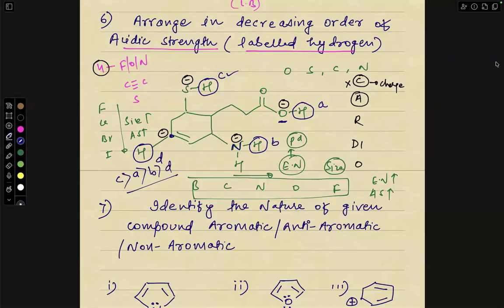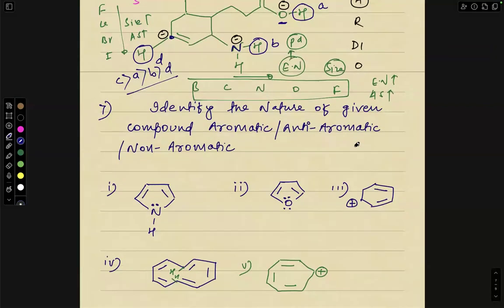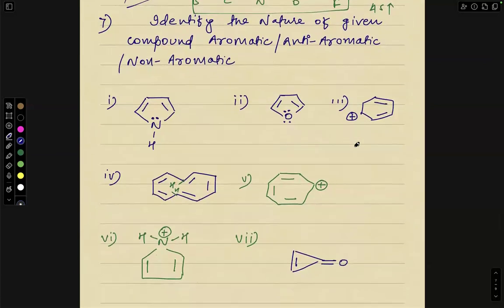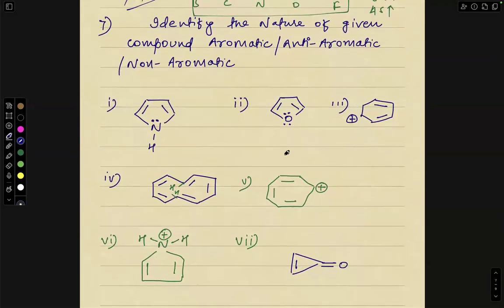Does it make sense? Please tell me, everyone. Now we have the very last question in this class, the concept of aromatic, anti-aromatic and non-aromatic. So let's start this one.